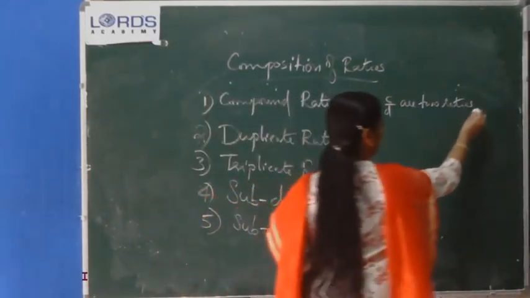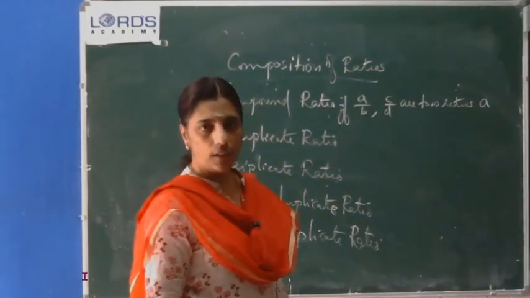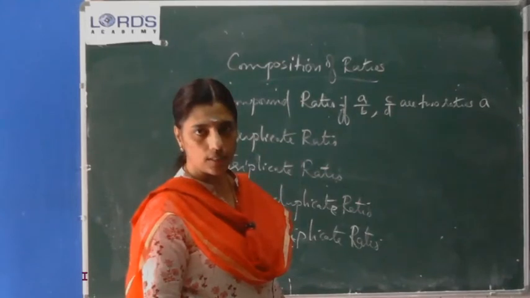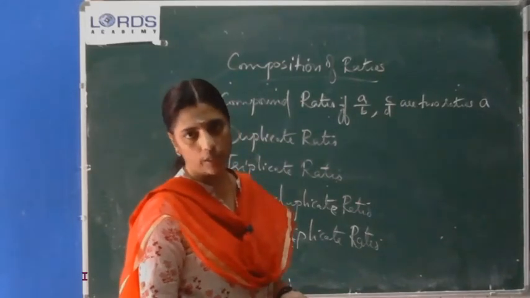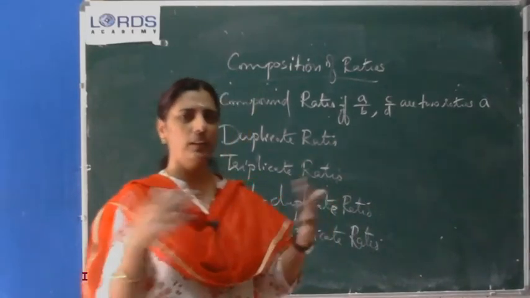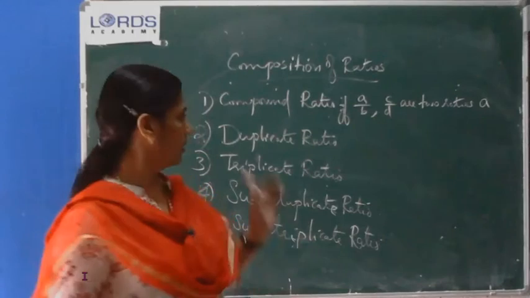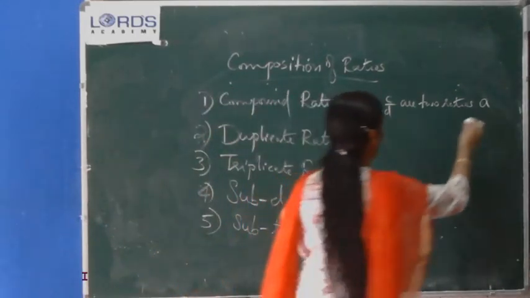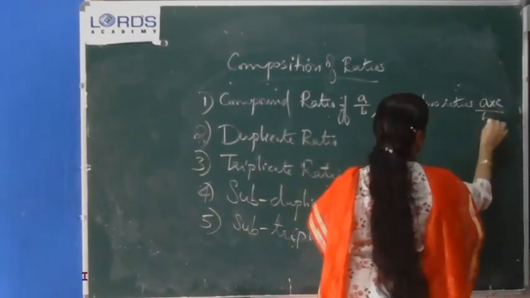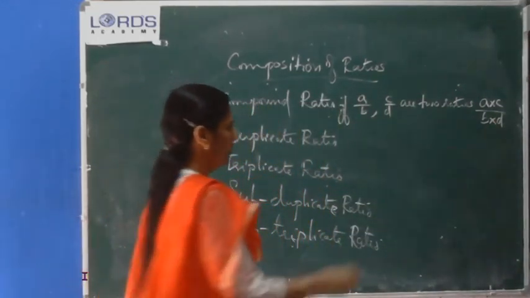That means if you multiply the numerators and multiply the denominators, the new ratio you get is known as the compound ratio. Are you getting that meaning? We are combining both the ratios. The resulting one is known as the compound ratio. So what will be the compound ratio here? A into C by B into D.